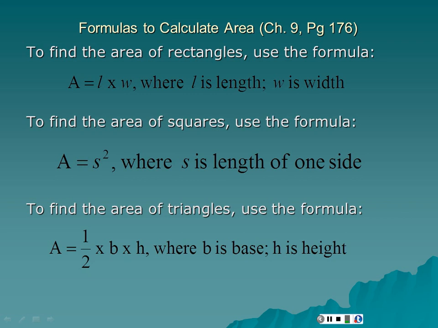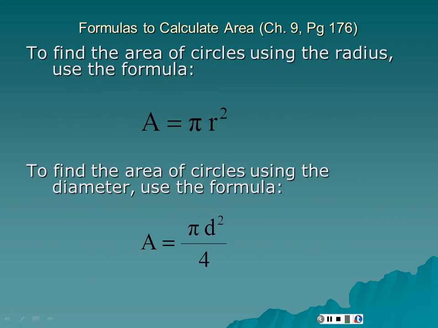Triangle is a little bit tricky, so we'll show you an example of how to do that for sure. So at this point we are just getting introduced to the formulas. And both of these are the formulas for calculating the area of a circle. The first one is applied when you have to calculate the area and you are given the radius.